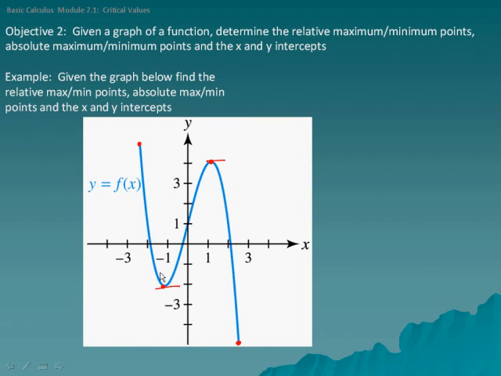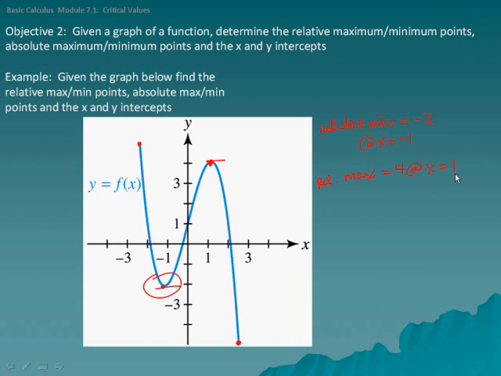Looking at this point right here, we are dealing with a relative minimum, and that height would be negative 2, and that would be at x equals negative 1. And at this point right here, we would have a relative maximum equal to 4 at x equals 1.